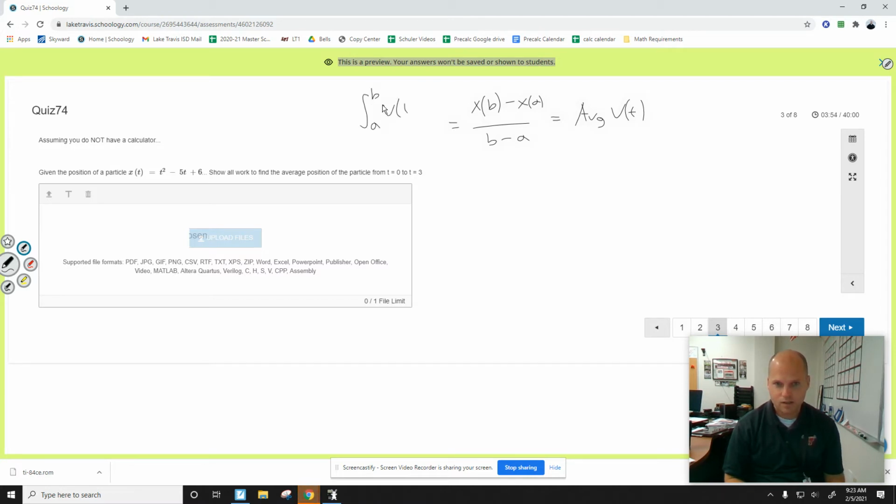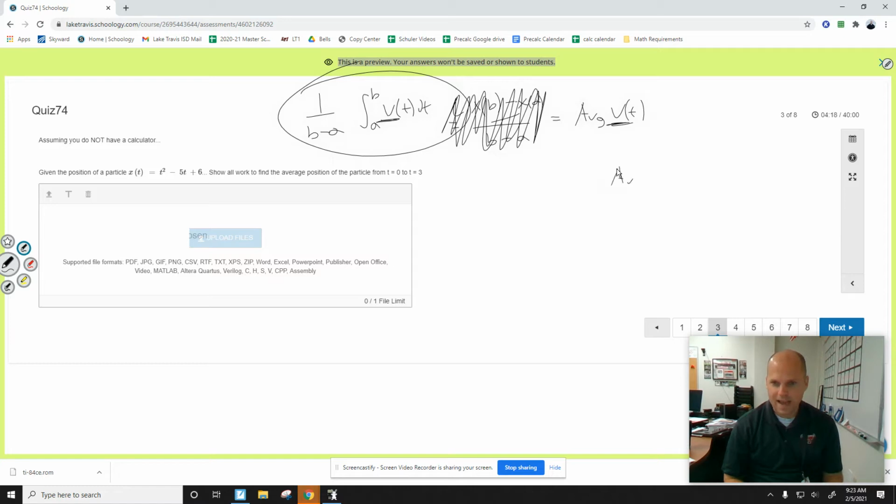To evaluate the area under velocity, you take the antiderivative, plug in b, plug in a. Well, how does that help me? We typically won't use this to find an average of something. We will use this, and notice the area under v helps us find the average v.